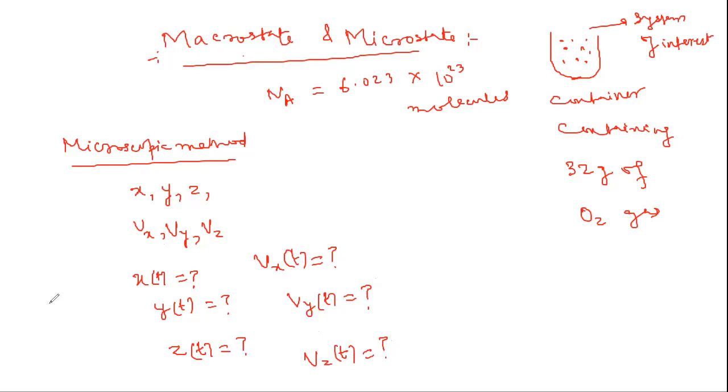Then you solve that differential equation, put in the initial conditions of initial position and initial velocities, then find out the future positions and future velocities.